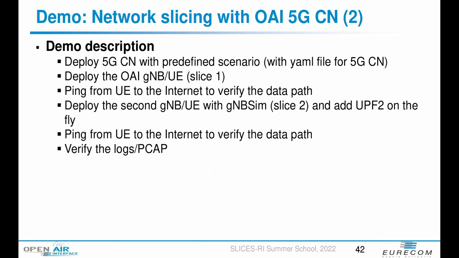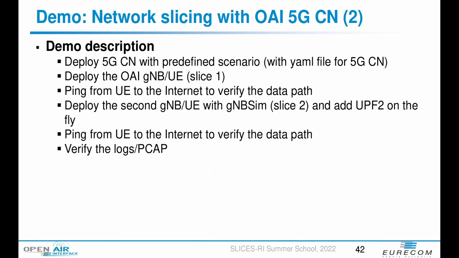Again, for this demo, we first deploy the 5G core network as we saw earlier, and then after that we can deploy slice number 1, no problem, and then we can enjoy the traffic between the UE and the internet. After that, we deploy the second slice.